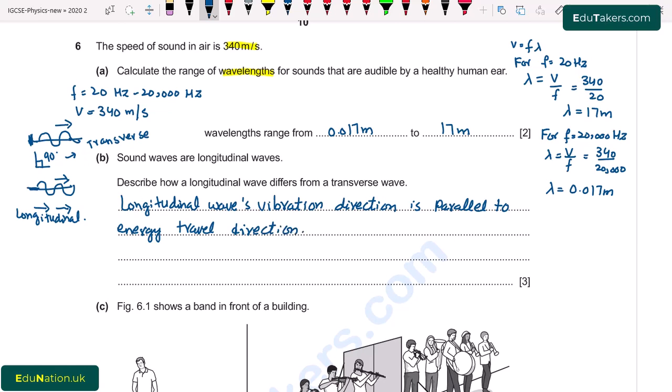While transfer wave, vibration direction is perpendicular to energy travel direction.